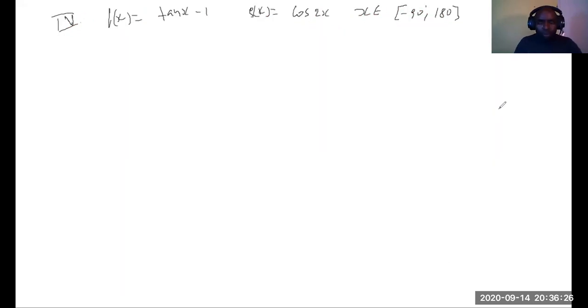We have two graphs. For this one, the period is 180. If I get 180 divided by 4, I get 45. Here, the period is 360 divided by 2, 180, divided by 4 is 45. So I would have the same steps of 45. Then I can have my table. Here I've got my x, my f, then my y.